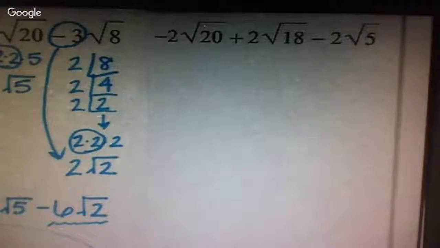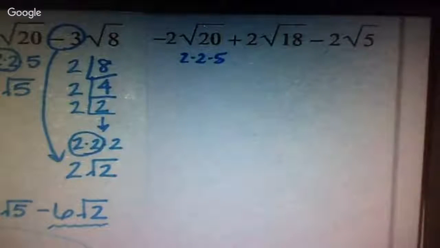All right. So let's take a look at this one. We've already factored 20 on the previous problem, so I'm not going to waste my time. I'm just going to pull the factors over that we just did in the last problem. In the last problem, we said 20 broke down into 2 times 2 times 5.